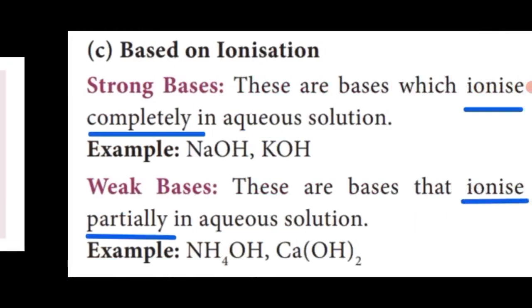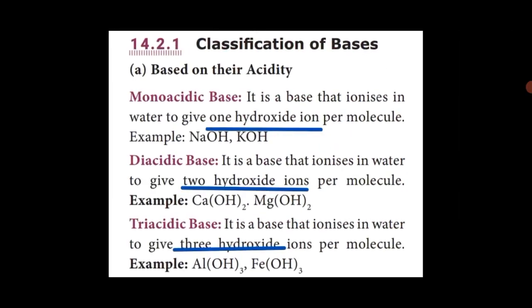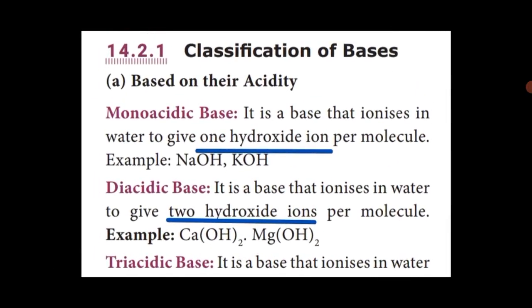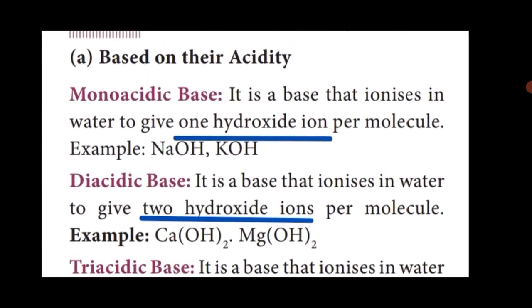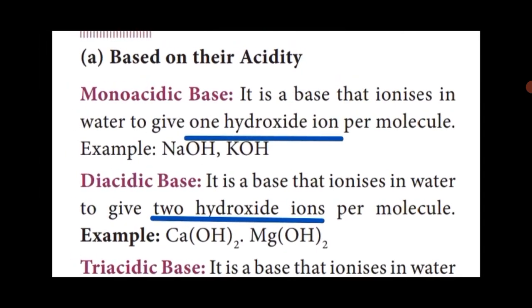So based on their acidity, bases are classified into three types: monoacidic base, diacidic base and triacidic base. What is a monoacidic base? It is a base that ionizes in water to give one hydroxide ion per molecule. So one molecule contains only one hydroxyl group.